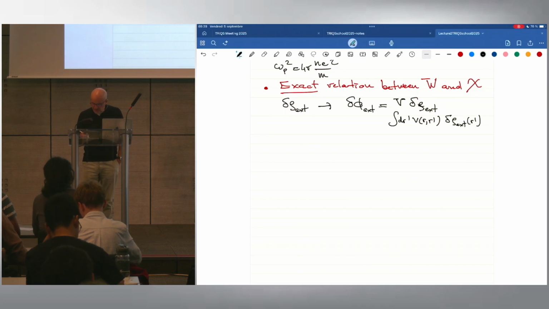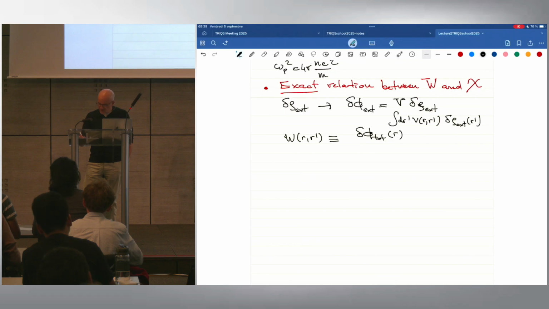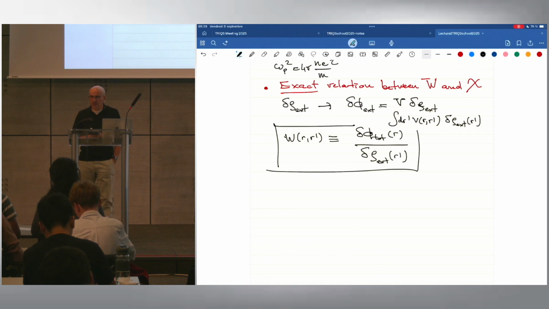The screened interaction, W of R and R prime, is going to be defined as the change of the total potential, the external plus the induced one, at site R, when I introduce a perturbation of the external charge density at position R prime. So this is the definition of the screened potential in all its generality.